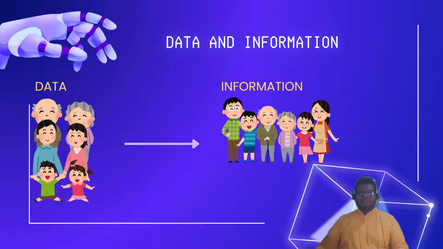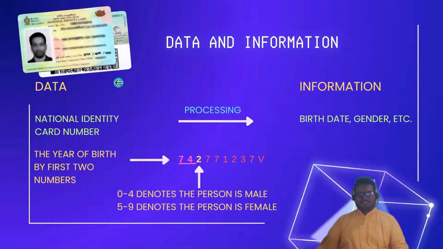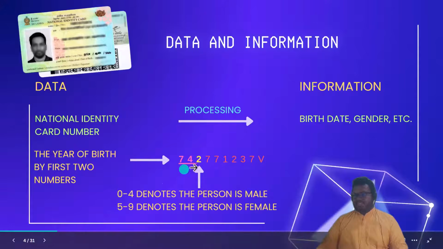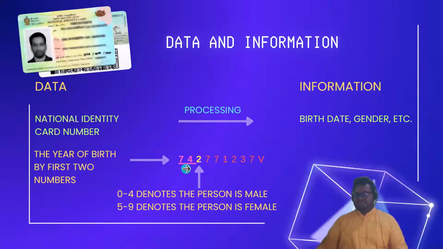Speaking of hidden numbers, let's see another example, children. Your father or mother's national identity card number. See this number range, children. The first two digits of these numbers tell which year the person was born. For this example, 74 denotes 1974. This person belongs to 1974. And you can see this yellow colored one, children.